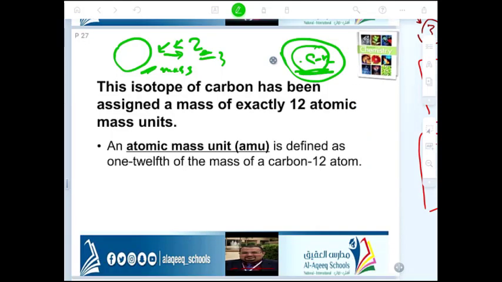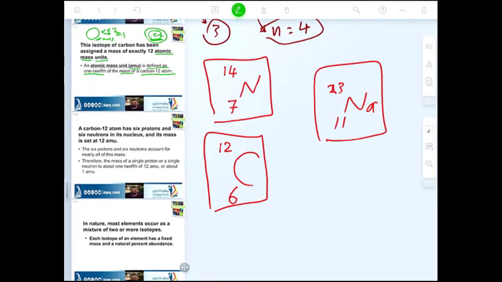This carbon isotope is assigned as the atomic mass unit, it becomes like a unit. What is meant by atomic mass unit? The atomic mass unit, or we can use the initials AMU, is defined as 1/12 of the mass of a carbon-12 atom. Look, remember the carbon here.